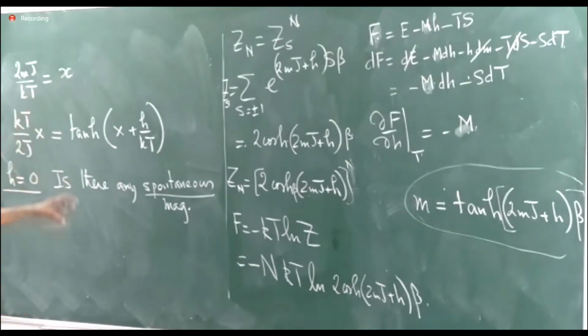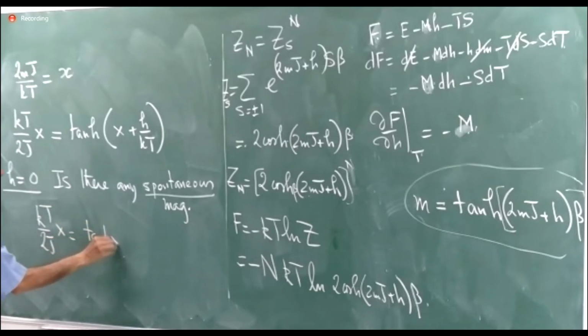It is just done by cooling the system, and the question is, does that happen? So h is equal to 0, and it is kT over 2J times x is equal to tanh x.